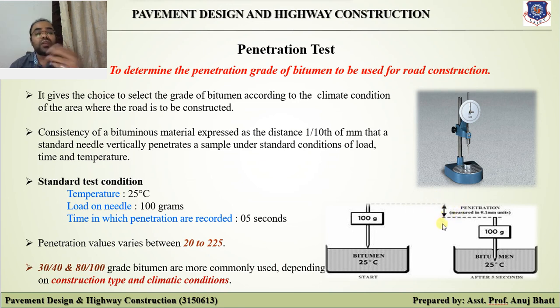According to that you will get the penetration grade, and on the basis of that penetration grade you can say in which range the penetration value of the bitumen lies under the standard test condition, which is already mentioned over here.